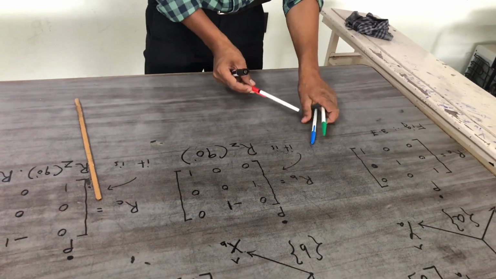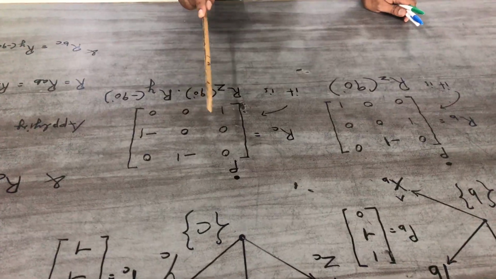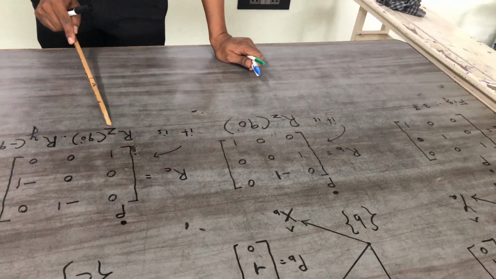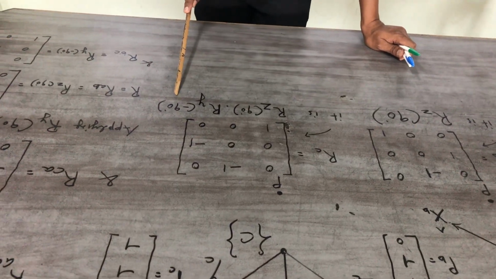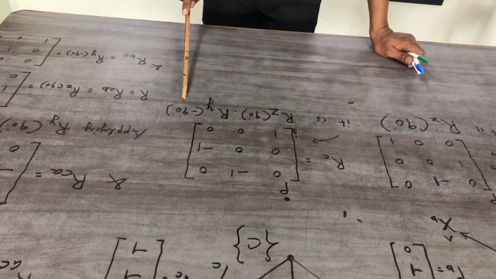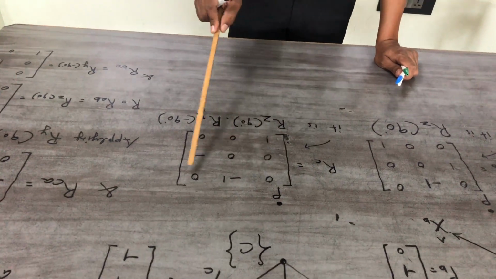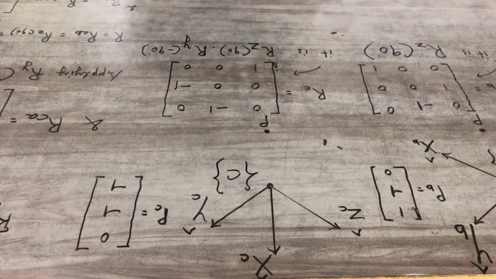This is a body fixed rotation. So for rotation matrix C, if you want to represent it in terms of A, we have to use RZ90 into RY minus 90. If you multiply this, we get 0, minus 1, 0, 0, 0, minus 1, 1, 0, 0.